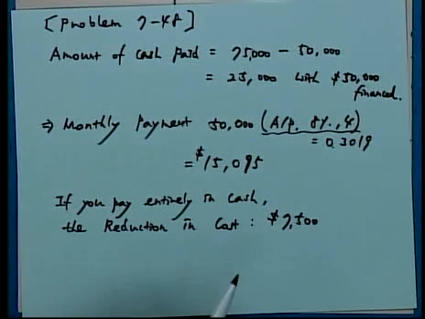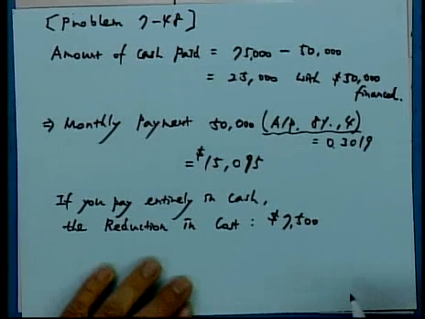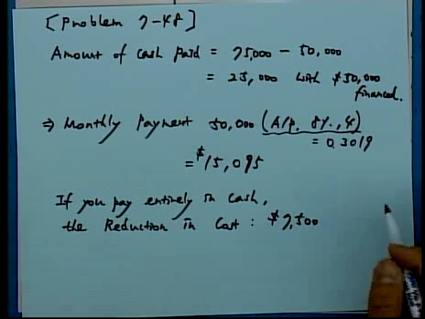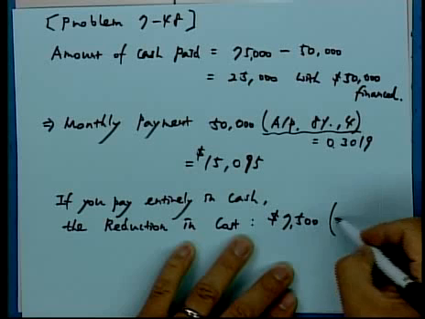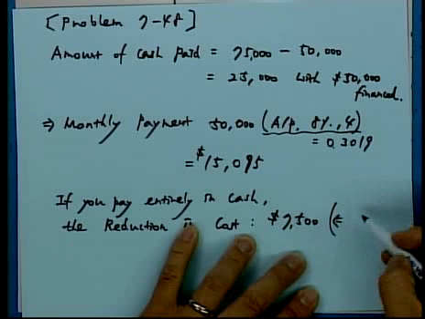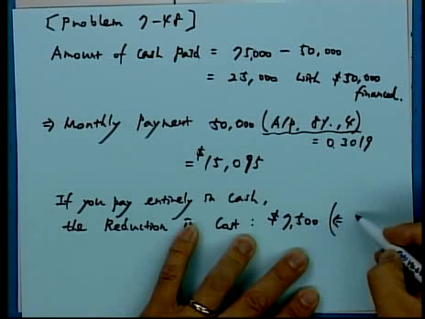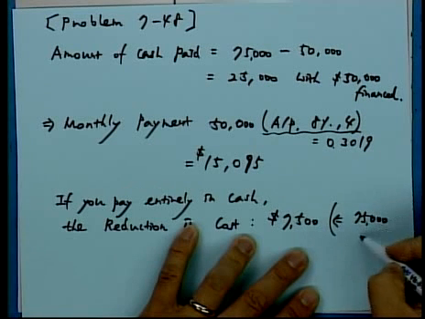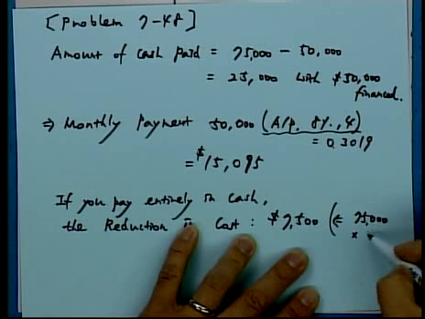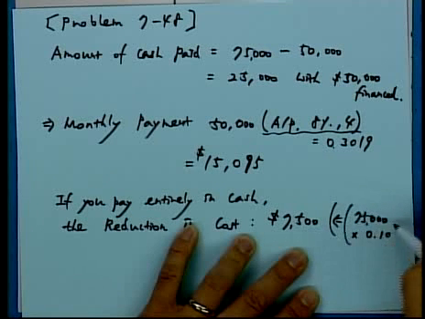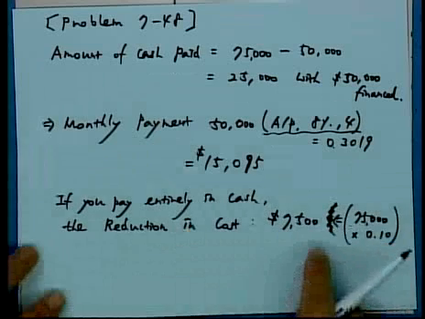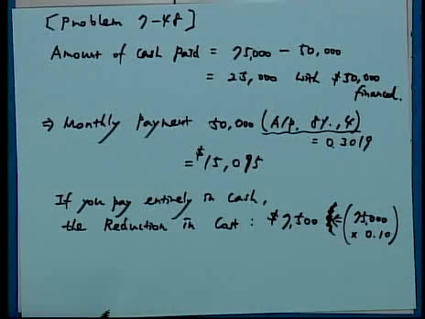Why is that? In such a case, the salesman is willing to cut the price by 10%, right? So this came from 75,000 times 10%, which is 0.10. Okay, that's going to be $7,500.